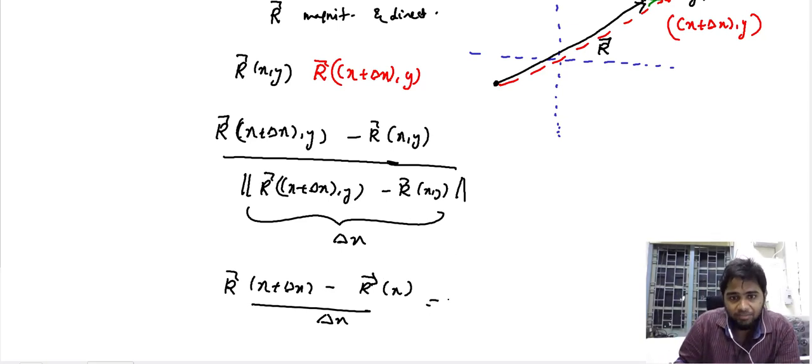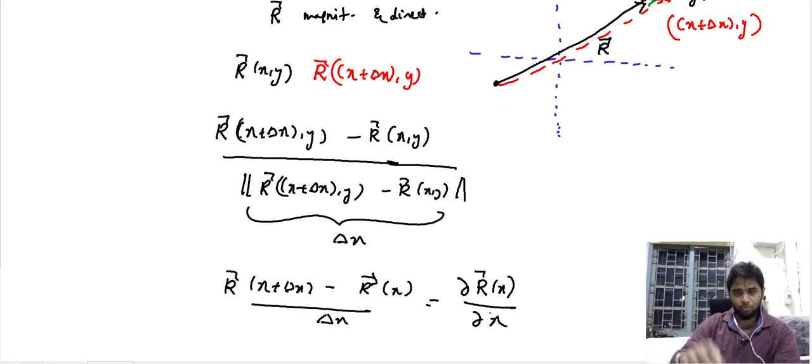This is nothing but the partial derivative of the position vector when it is varying with respect to x. So you have a position vector and it is varying with respect to x. We have selected a point in such a way that it is varying with respect to x, and we have considered the partial derivative of this position vector with respect to that variable.